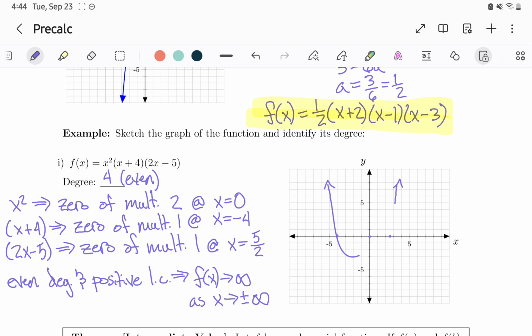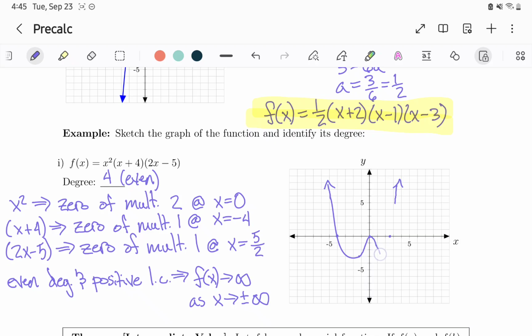And then we're going to want to go back up to our other 0. At the origin, and since the multiplicity is 2 there, we're just going to want to go up to the origin and touch the x-axis, but not cross it.